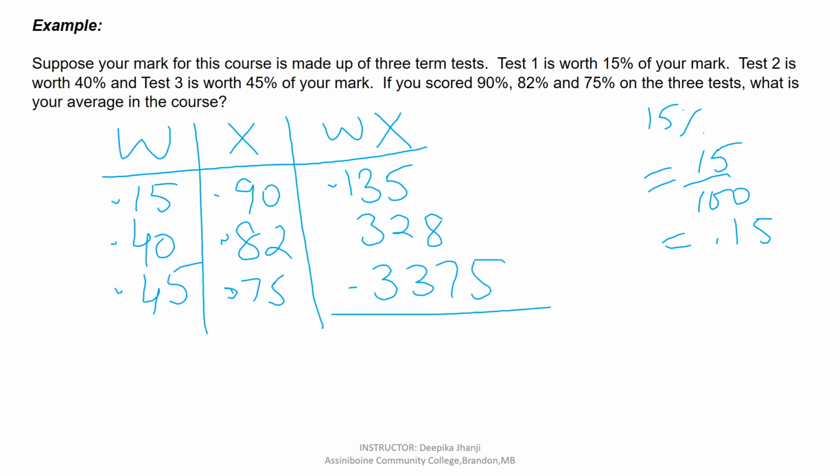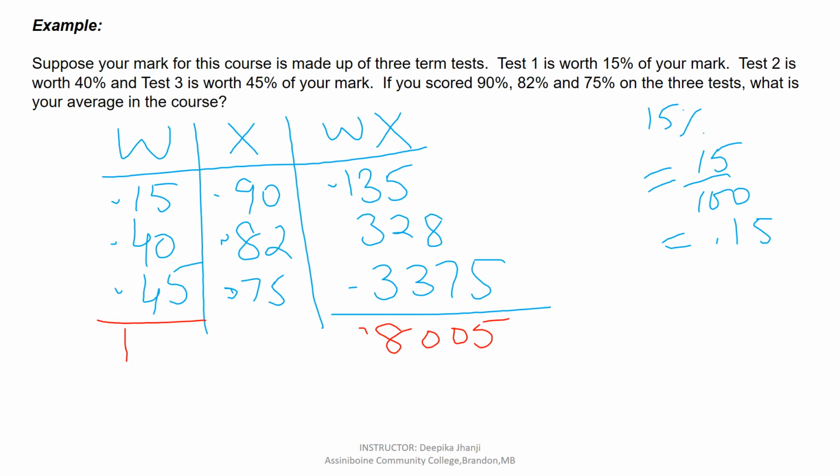When you add them together, you get 0.8005. That is the total of the WX column. You also need the total of the W column, and that comes out to be 1, right? Because it's 100%. The sum total of all the tests will become 100%.